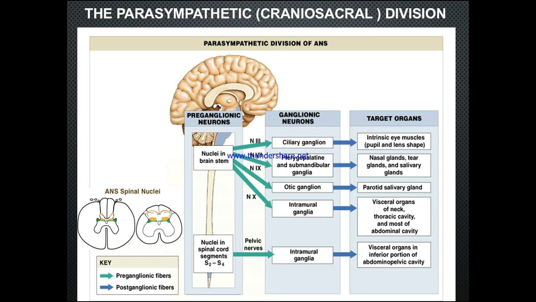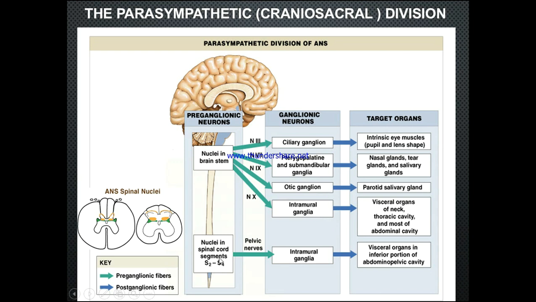So the parasympathetic craniosacral division: again we can see the preganglionic fibres and the postganglionic fibres. For the preganglionic neurons, we have the nuclei in the brainstem, which give rise to the ciliary, pterygopalatine, submandibular, and otic ganglia, and then the various target organs.